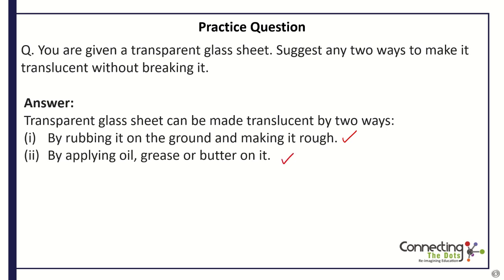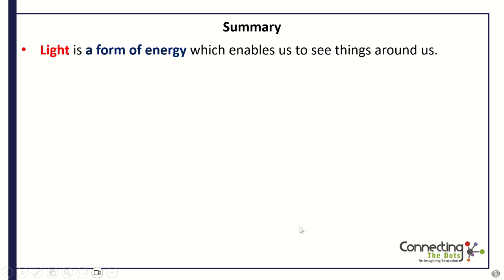So, let's now summarize the things that we have learned in this session. We have learned about light. Light is a form of energy and it helps us to see things around us. Light always travels in a straight line, and we call it the rectilinear propagation of light.